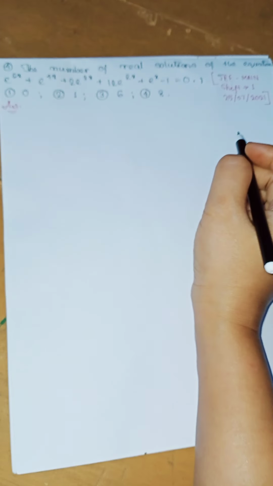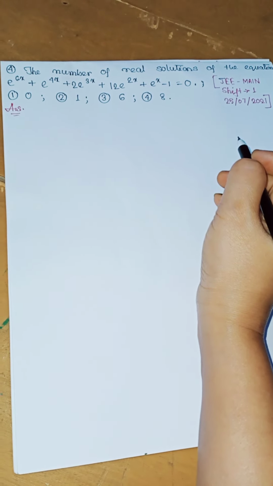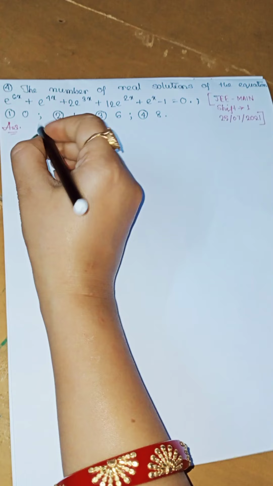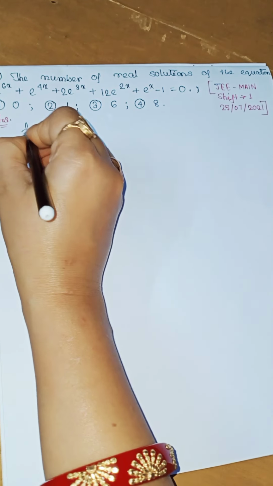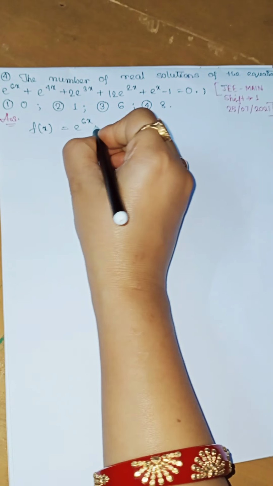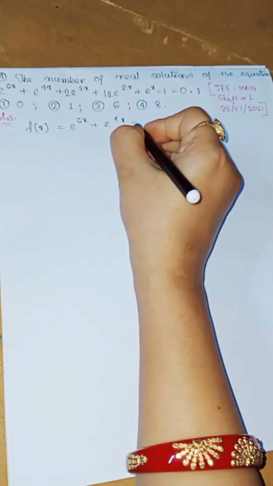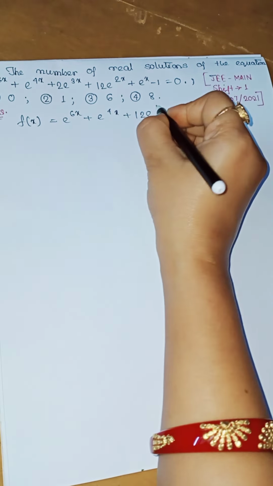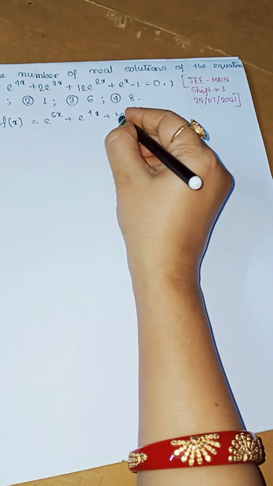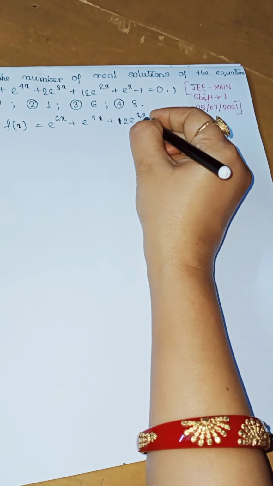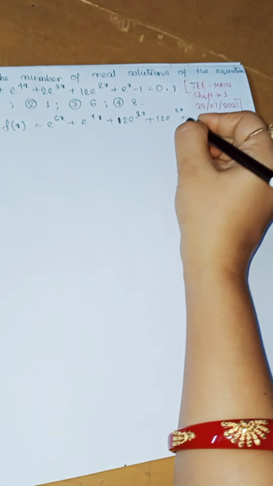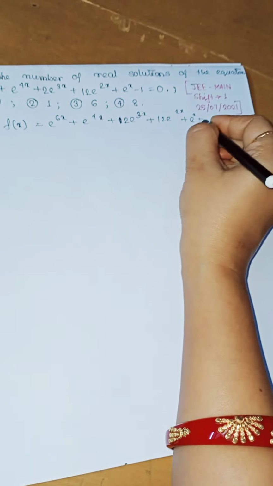Four options are given. Now suppose this is f(x). f(x) is equal to e^(6x) + e^(4x) + 2e^(3x) + 12e^(2x) + e^x - 1.